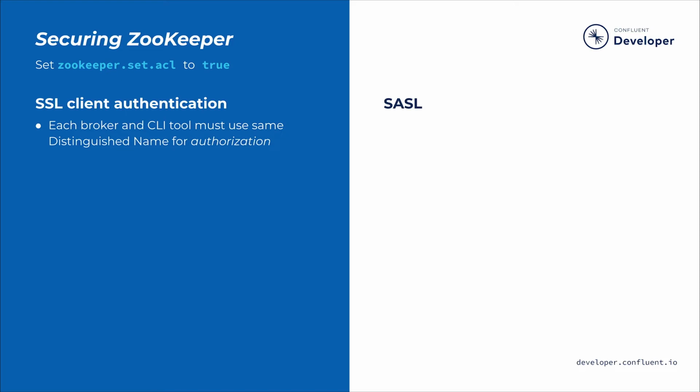A certificate's distinguished name is the identifying information used to create the certificate and is part of the certificate. The reason the distinguished name, or DN, must be the same for all brokers is because the DN is included in the ZooKeeper ACL, and ZooKeeper only authorizes ACLs. Effectively, it only authorizes that distinguished name.